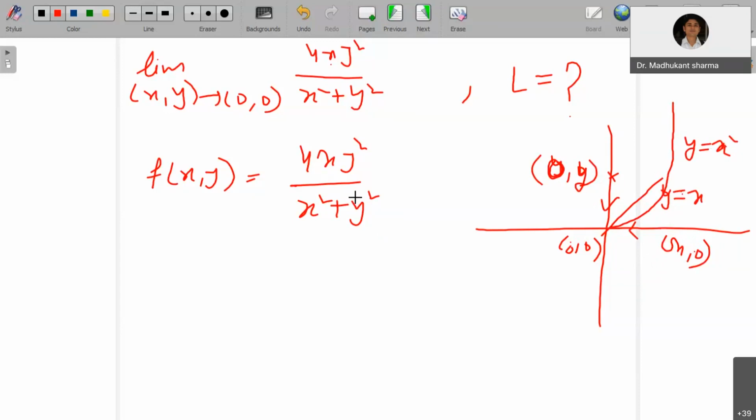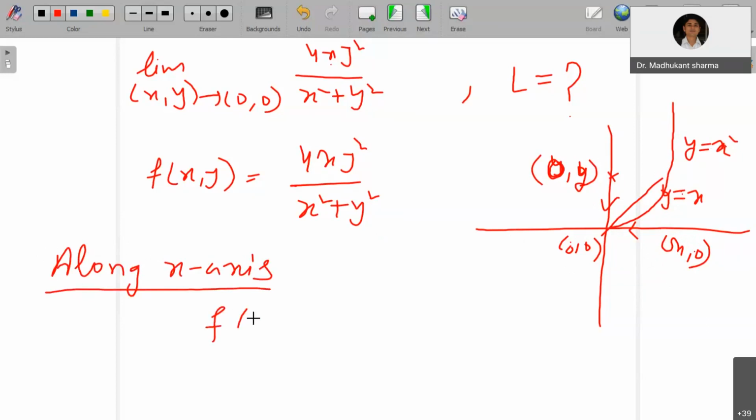To reach the point (0, 0), let's see what the value of f is along the x-axis. Along the x-axis, y is 0, so f is 0. I'm saying x and y are non-zero, that's what I'm mentioning here: first, xy is not 0.